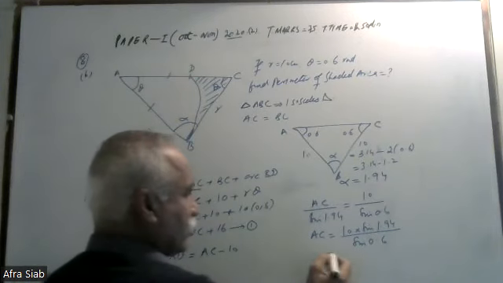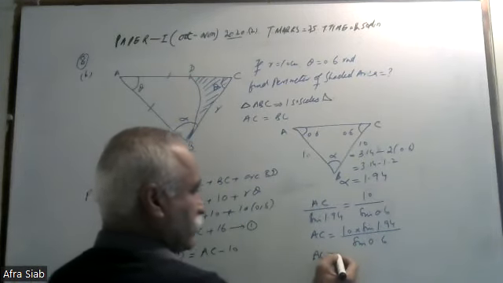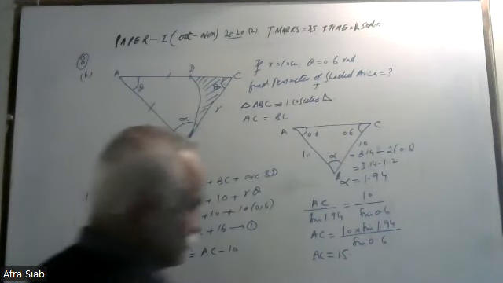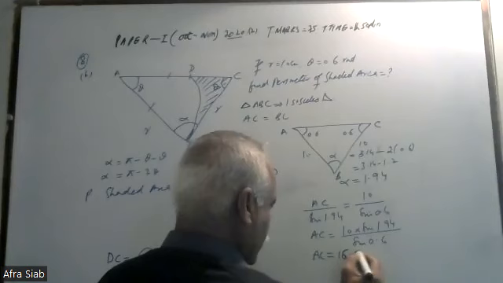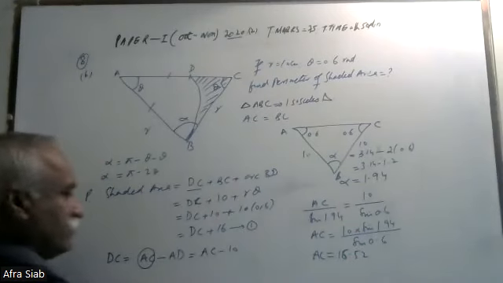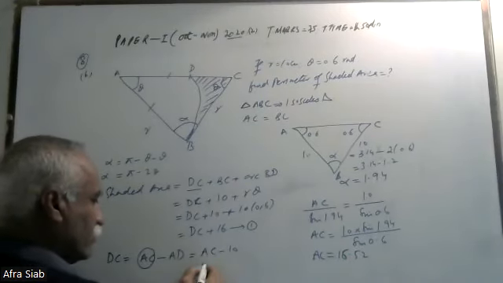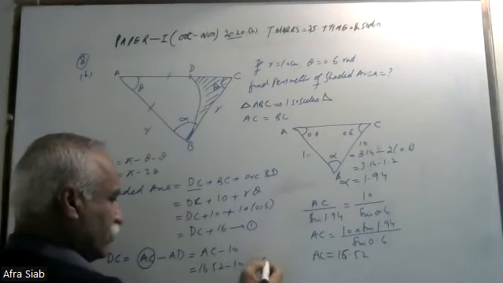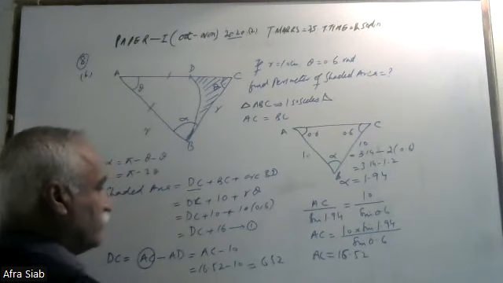And that is equal to 16.52. So this length DC is equal to 16.52 minus 10, that is equal to 6.52.